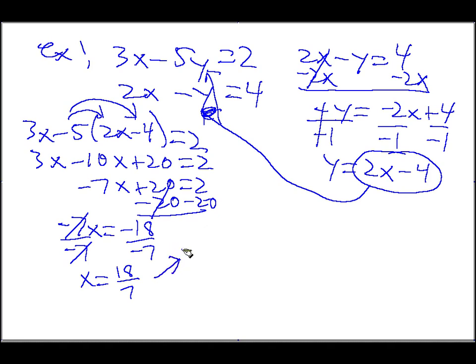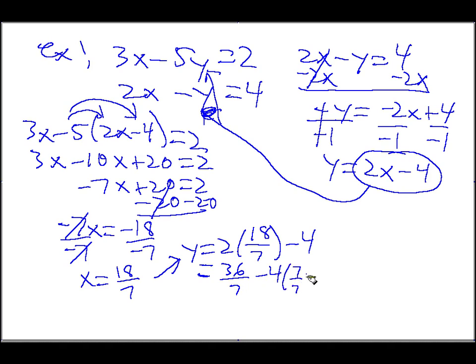So y is going to be 2 times x, which is 18 over 7, minus 4. I'll do it by hand here if you don't mind. Think of this as 2 over 1 if you like. So 2 times 18 is 36 over 7 minus 4, and put a 4 over 1 if you like. But what's the common denominator? It's going to be 7. So multiply the 4 by 7 over 7.